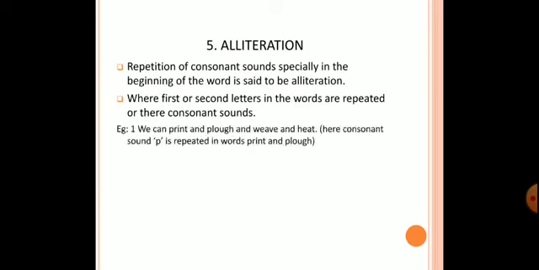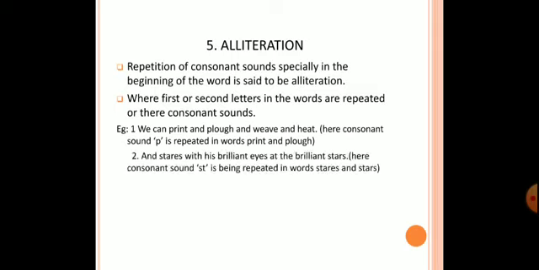We'll have our first example: we can print and plow and weave and heat. Now over here you can see that the consonant sound P is repeated in words like print and plow. So when letters are being repeated, it is known as alliteration.